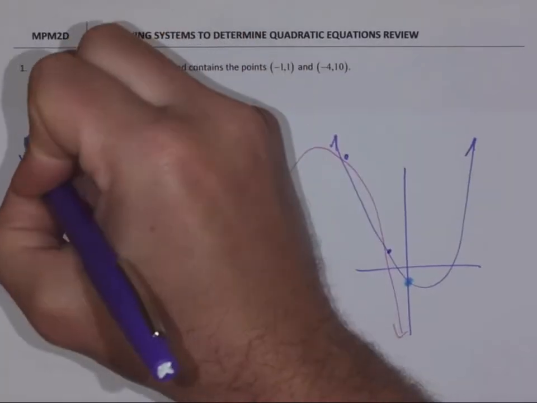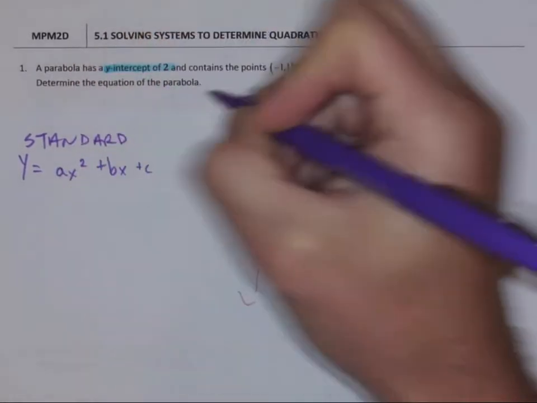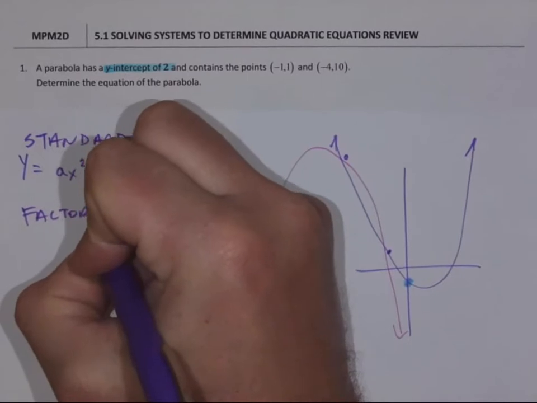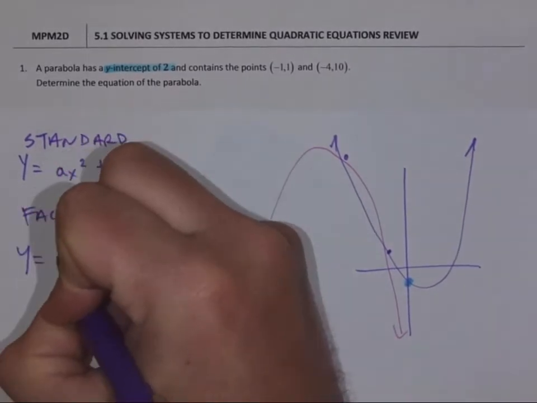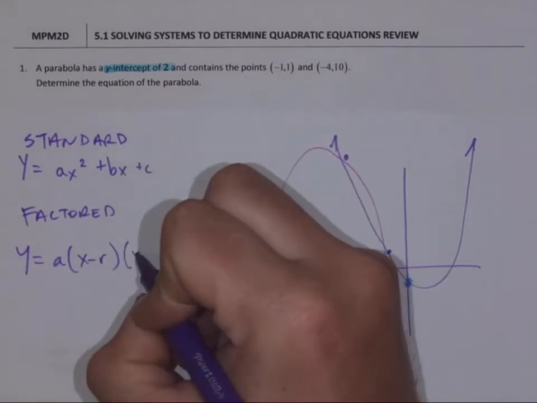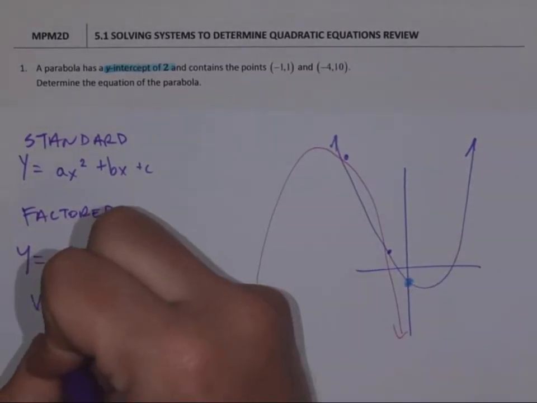So we have standard form, we have factored form, and we have vertex form or graphing form.